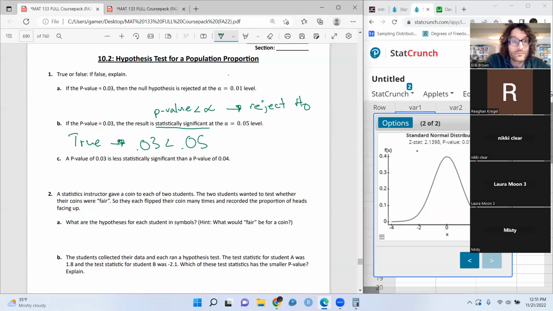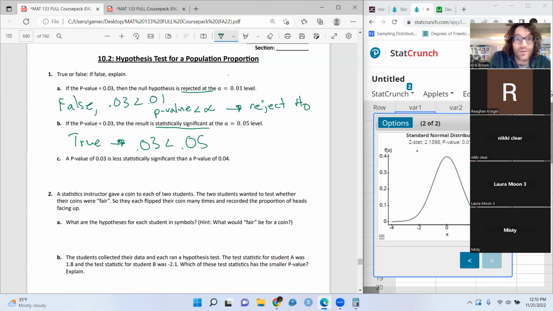Note that this question A is the same question. If the p-value of 0.05, then the null hypothesis is rejected at this level. Well, to reject H0, you have to think through this. So what do we say to A? Is that true or false? It's false because, yeah, p-value, you reject when that's true and it's not true.